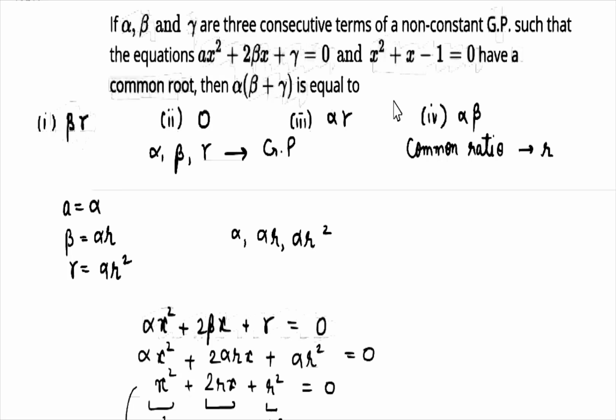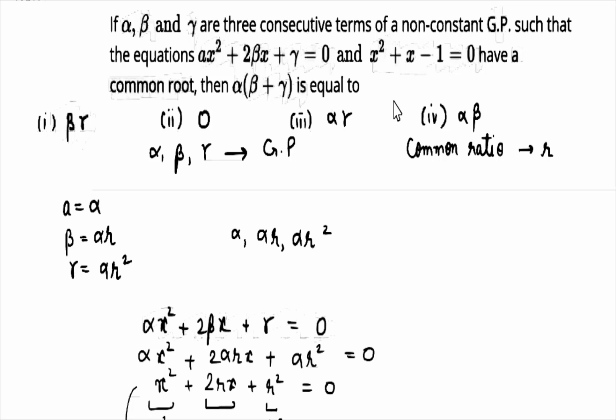If we check option number 2, alpha into beta plus gamma is not coming as 0, and if we multiply alpha into gamma, so alpha is this alpha and gamma is alpha r square. So this will come out to be alpha square into r square, which is not equals to alpha into beta plus gamma.